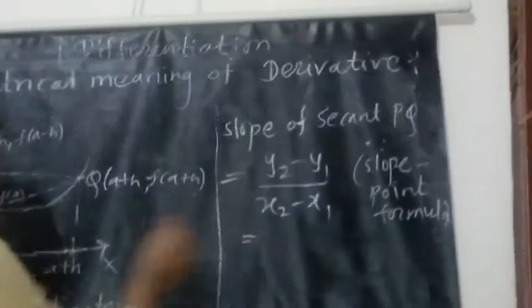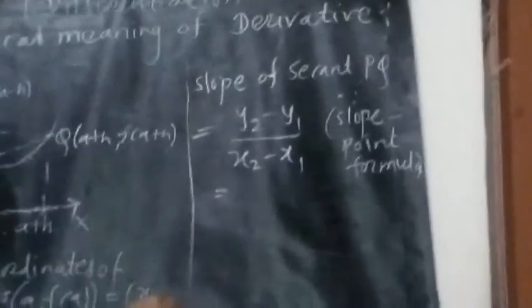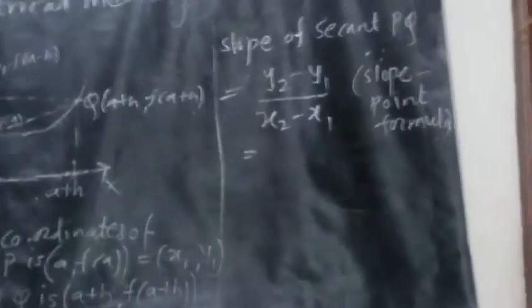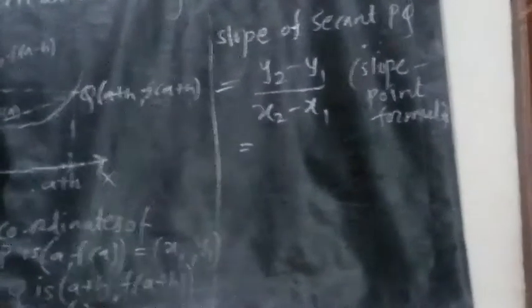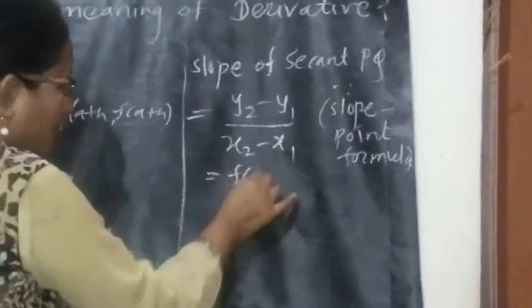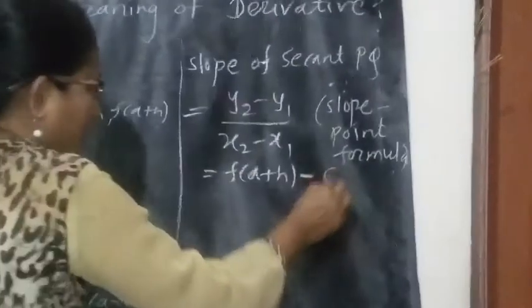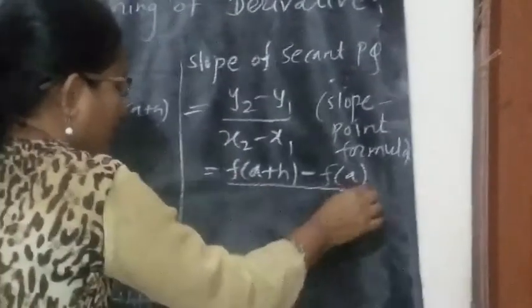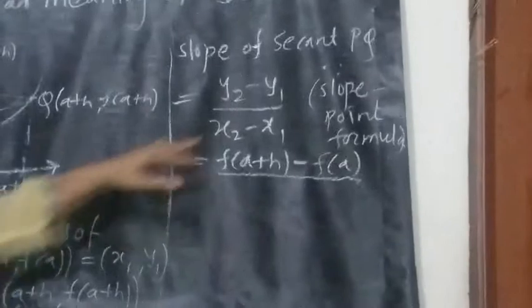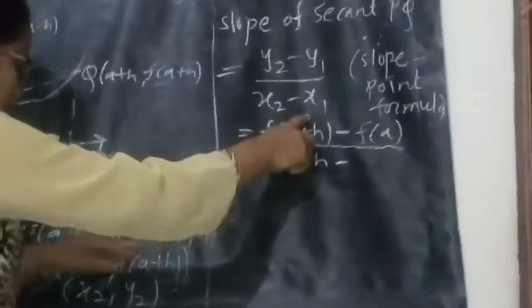Here we consider the coordinates of P as x1, y1, and the coordinates of point Q as x2, y2. Therefore we put the value y2 means f of A plus H, minus y1 means f of A, upon x2 means A plus H, and x1 means A.